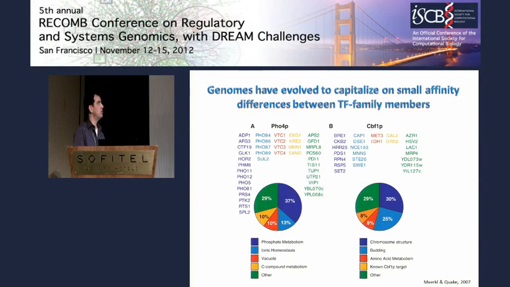So even though their motifs are very similar, you saw their motifs earlier in the talk, they end up regulating very different downstream targets, downstream pathways, because there are small differences in the E-box motifs that have evolved in the promoter regions of downstream targets, in order to take advantage of the small differences in specificity.